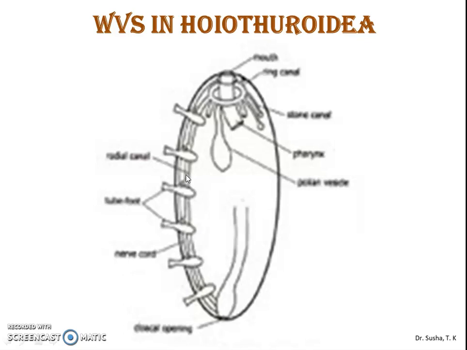They run backwards along the inner side of the ambulacral area below the skin. Each radial canal gives off lateral canals, and each lateral canal ends with a tube foot. The tube feet have no suckers on the dorsal side, and well-developed tube feet are seen on the ventral side.